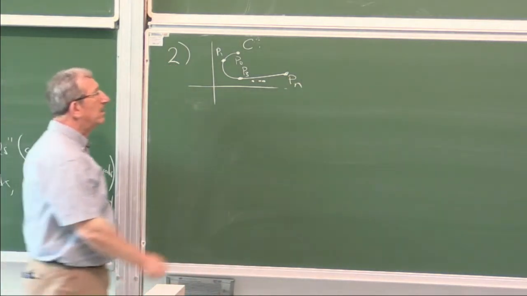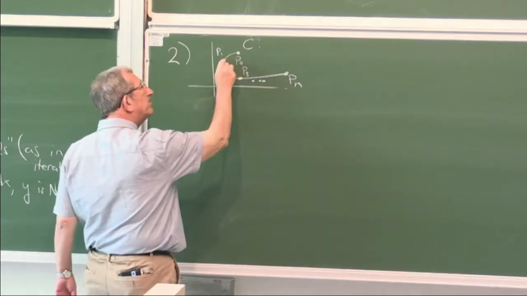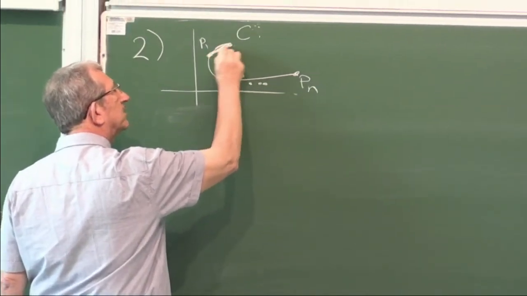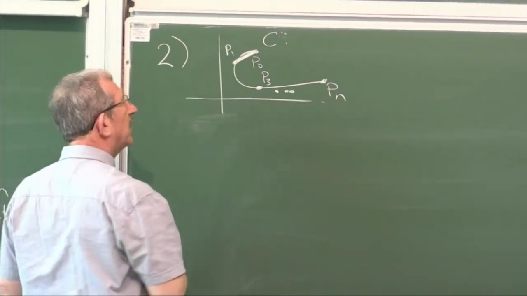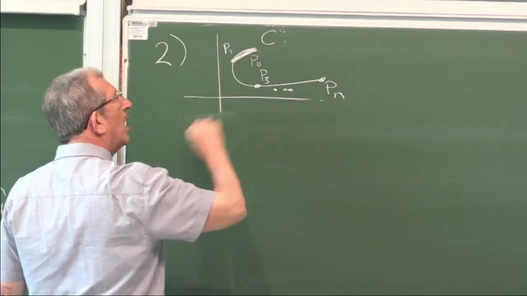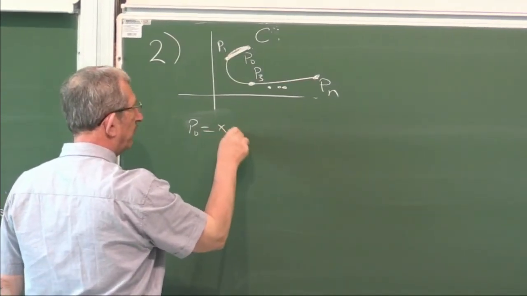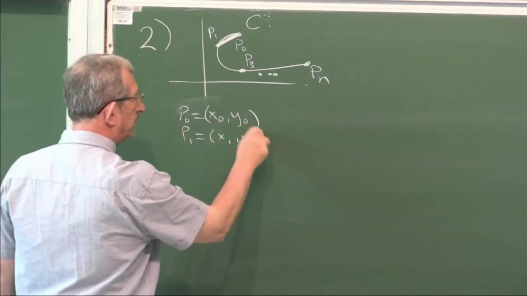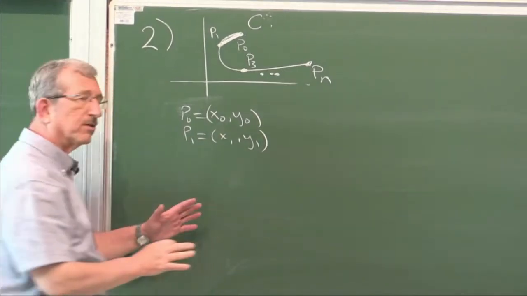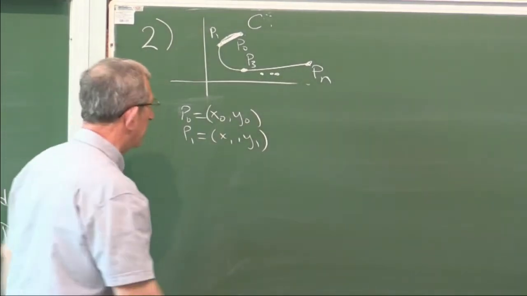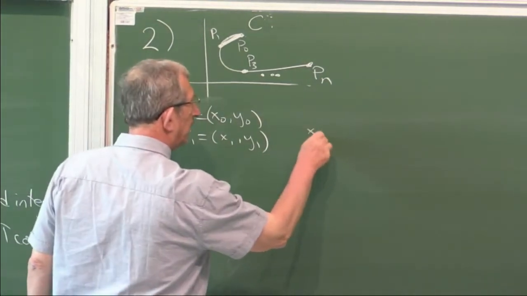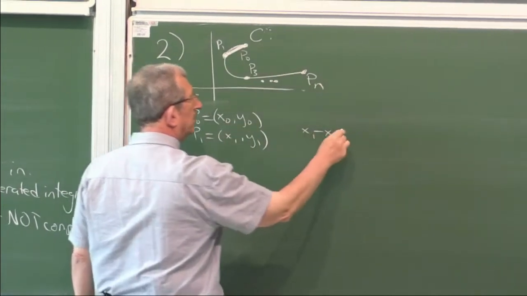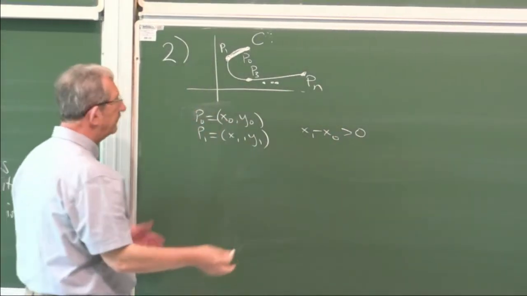Now here, when I look at P1 and P0, that's the first line segment. Remember, we define these as line segments in general. I have here (x0, y0), say, and P1 is (x1, y1). In the integral where I have dx, I have x1 minus x0, which of course, in this picture, is positive. So that's fine.